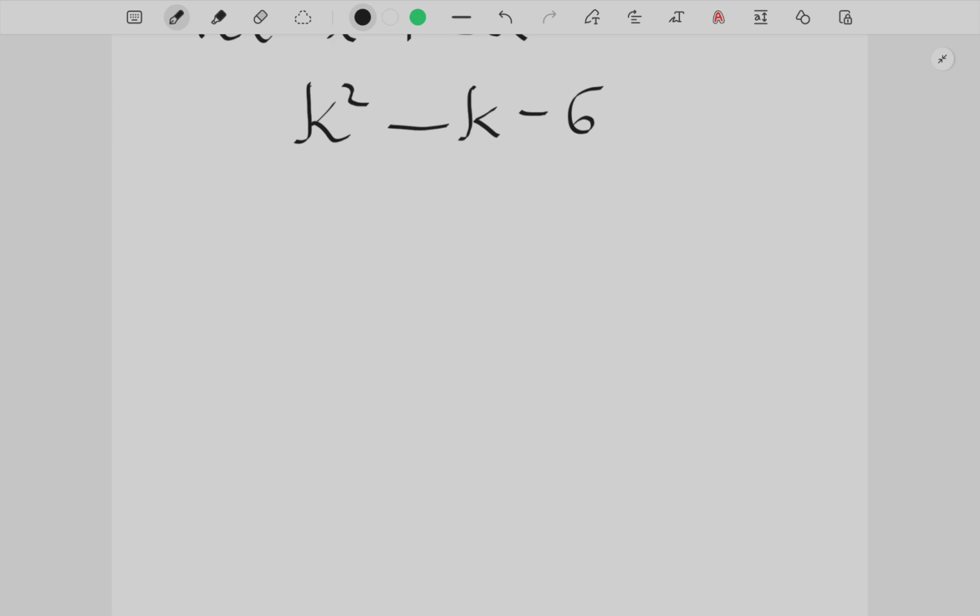And then if we have to factorize this, it means we're going to open up two brackets. For k², it is k times k. Then the last term, minus 6, we must find this term when we multiply.